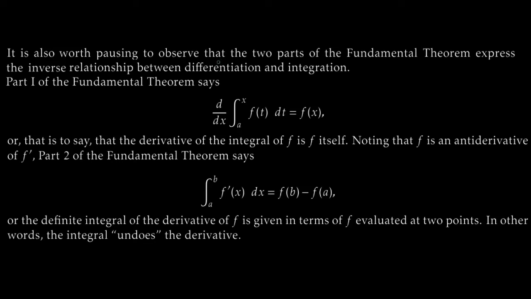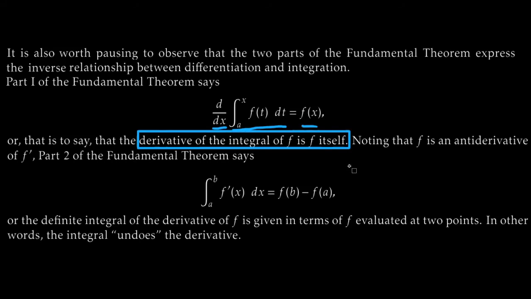So the gist of it is that part 1 of the fundamental theorem says that the derivative of the area function is the original function. That is, d dx of the definite integral from a to x of f of t dt is just f of x. That is, the derivative of the integral of f is f itself. I'm going to even box that because that is such an important point right here. This is one of the main little pieces. The derivative of an integral is the function.